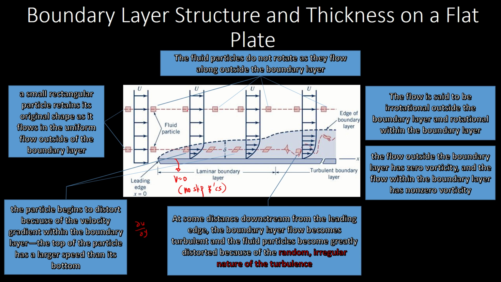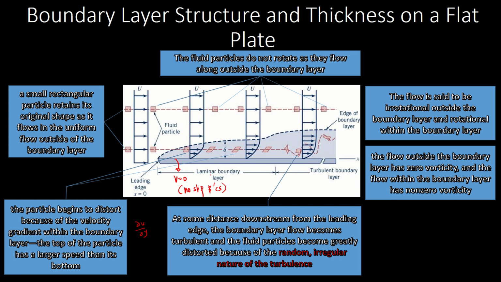In the inviscid region, the fluid element retains its shape, while in the boundary layer, the fluid element changes its shape. Along this inviscid region, the fluid particles do not rotate as they flow along outside the boundary layer.